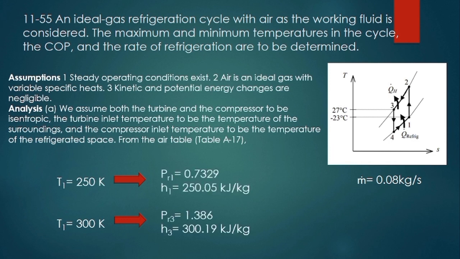For 250, we have P sub R1 equal to 0.7329 and enthalpy h1, which is 250.05 kilojoule per kilogram, and P sub R3 is equal to 1.386 and enthalpy h3, which is equal to 300.19 kilojoule per kilogram. Then after that, we're going to find the maximum and minimum temperature.